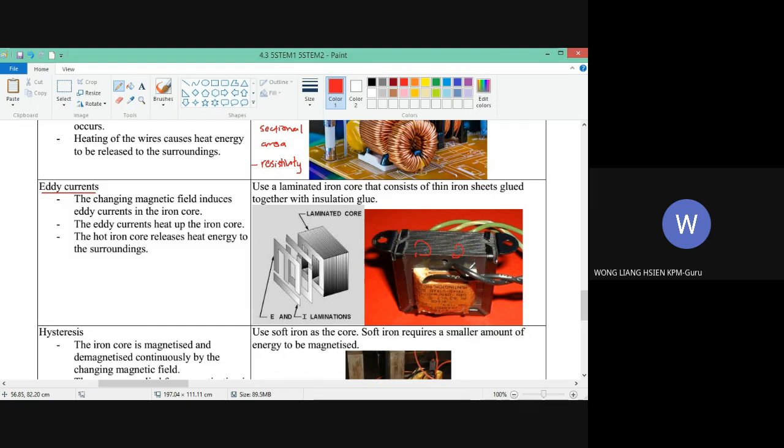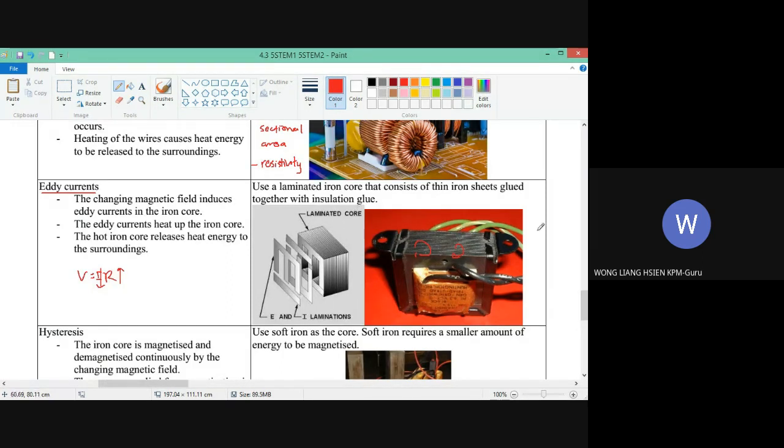From Ohm's law, V equals IR, when the resistance goes up, current will go down, right? So what we do is we try to increase the resistance of the transformer core.